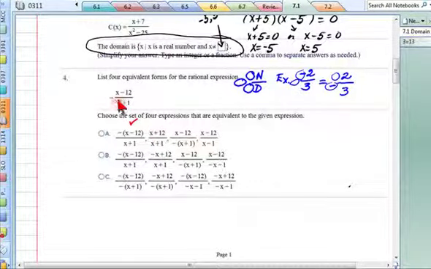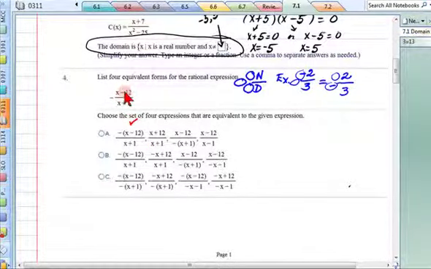Let's look at the next one. Okay. They did not change the denominator. They did change the sign in front because it disappeared, so it must have become a positive. Now look at the numerator. X minus 12, x plus 12. Is this the opposite of this? Well, the 12s are opposites, but are the x's opposites?